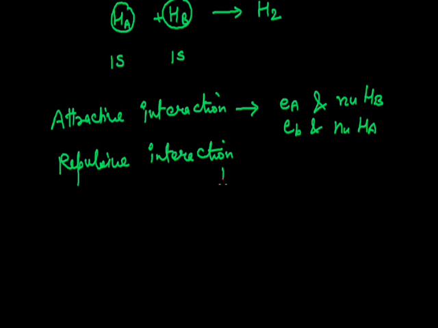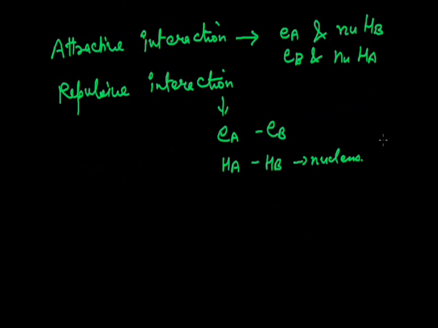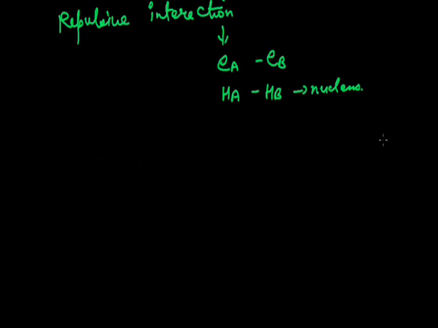Repulsive interactions are seen between Ea and Eb, and between the nucleus of A and the nucleus of B, since they contain positively charged protons.